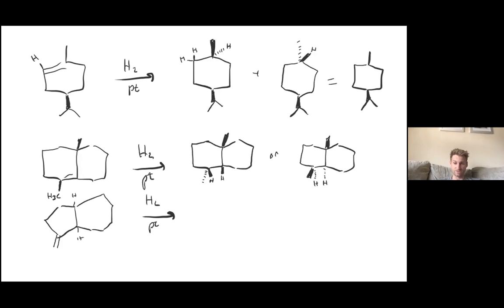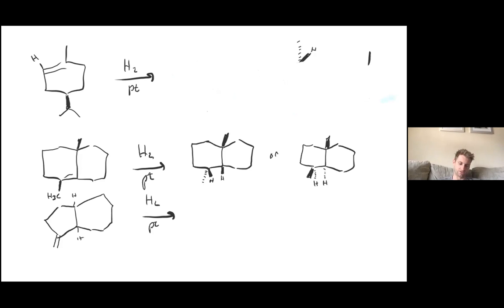I'm going to run out of space a little bit, so I'm going to erase this top one. What's drawn in the worksheet, if you just want the product of that one to double check your answer, is just going to be this here. You end up with two H's at this position. There's no chirality to your product.